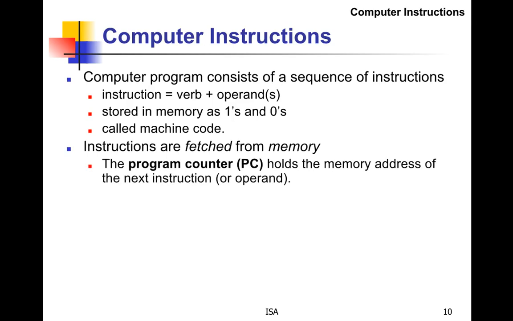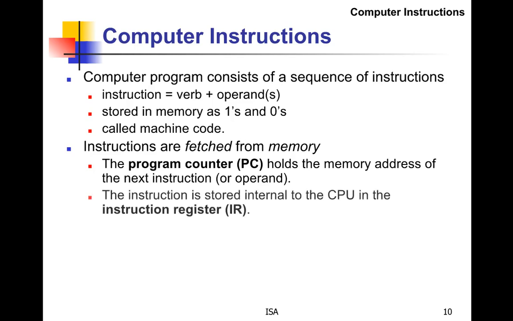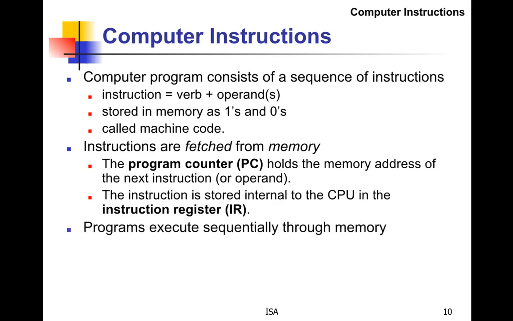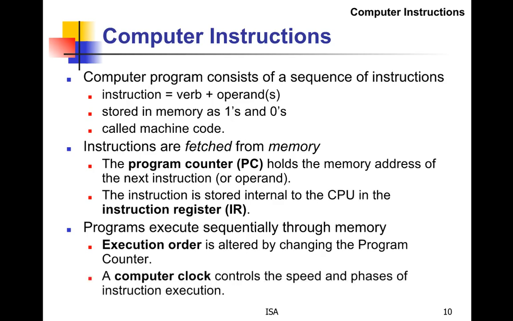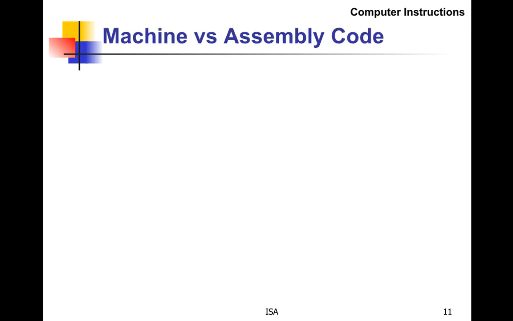The program counter holds the address of the next instruction or operand. The instruction is stored to the CPU in the instruction register. Programs execute sequentially through the memory, and execution order is altered by changing the program counter. So you can jump and things. A computer clock controls the speed and phases of the instruction execution.